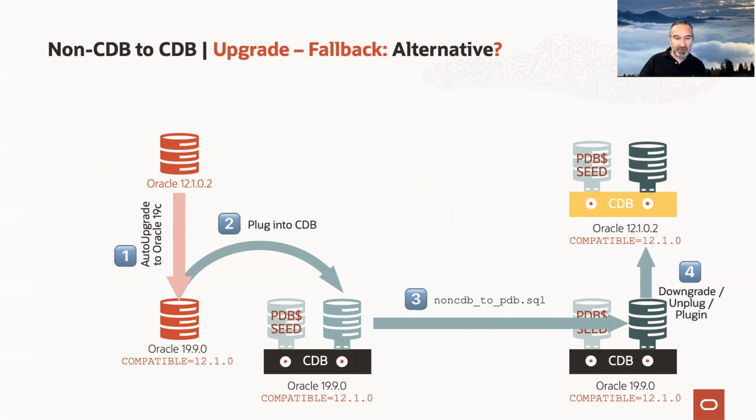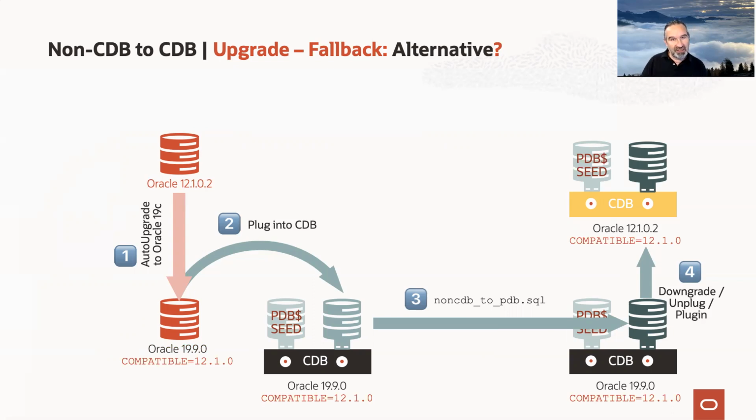So you AutoUpgrade, but make sure of compatible. In my example here, 12.1 stays 12.1. We do this. AutoUpgrade or upgrade doesn't touch compatible unless you advise it. Then you plug in, and now it's important. This black CDB has been created as 19, but intentionally with compatible 12.1.0.